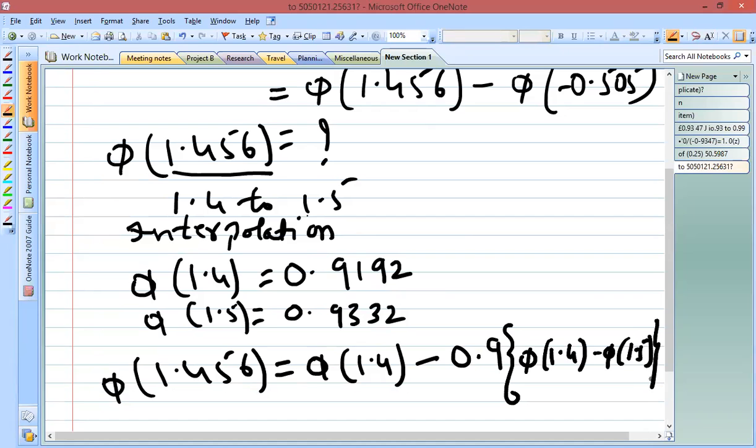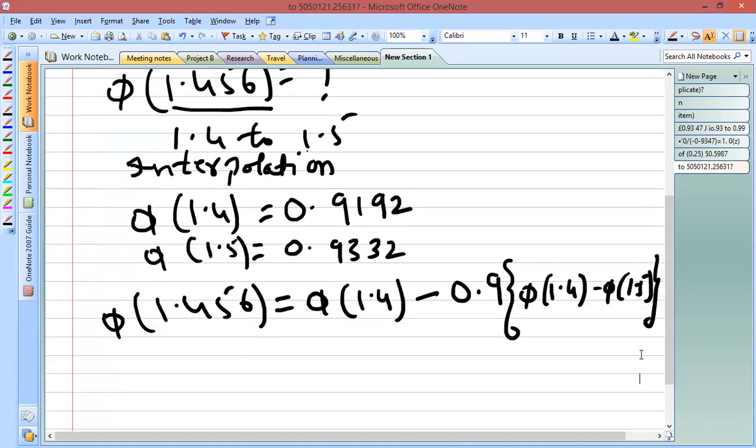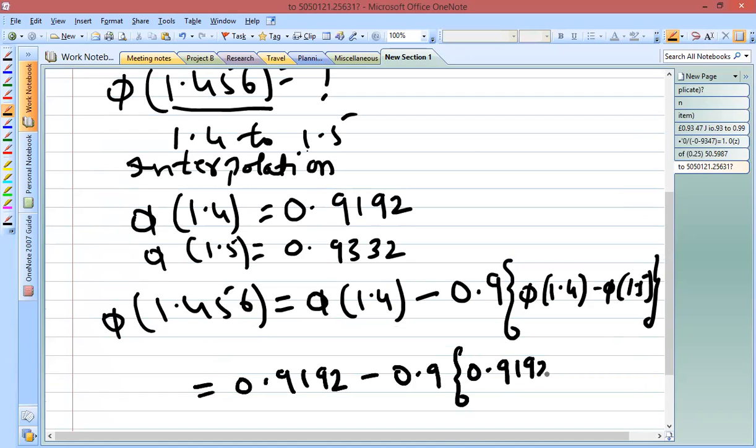This one we have solved in the previous class. So phi of 1.4 is 0.9192 minus 0.9 within the flower bracket, 0.9192 minus 0.9332. Simplify it all and tell me how much you get.